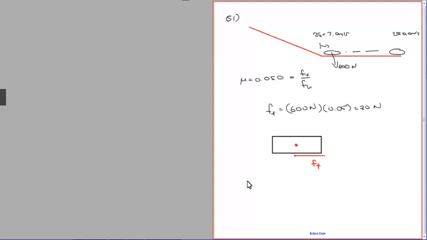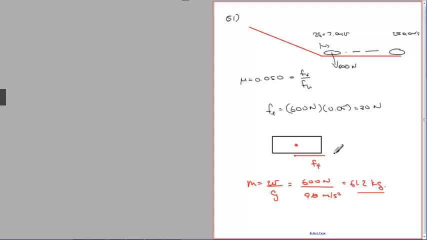Mass is equal to, in this case, weight divided by g, because weight is equal to mass times gravity. So we have weight 600 newtons, and we have acceleration due to gravity of 9.8 meters per second squared. 600 divided by 9.8, 61.2. And so that's 61.2 kilograms.